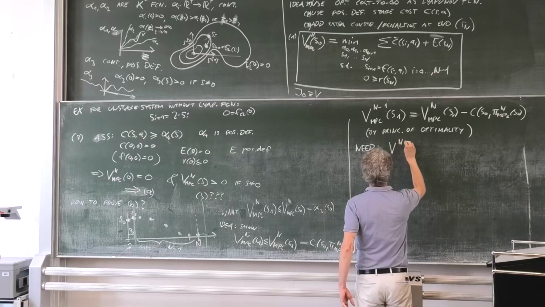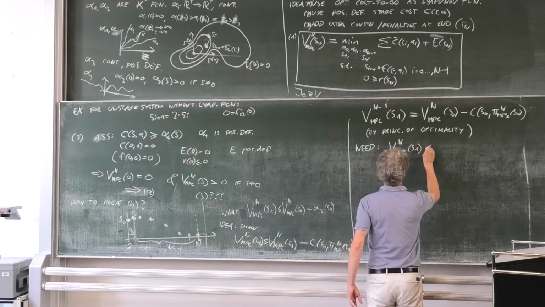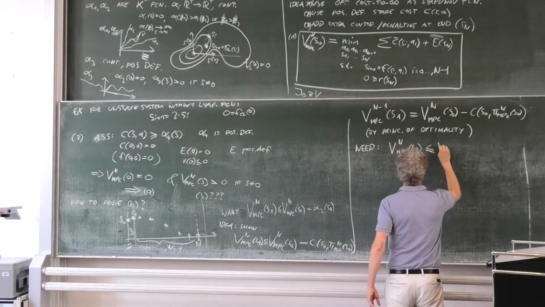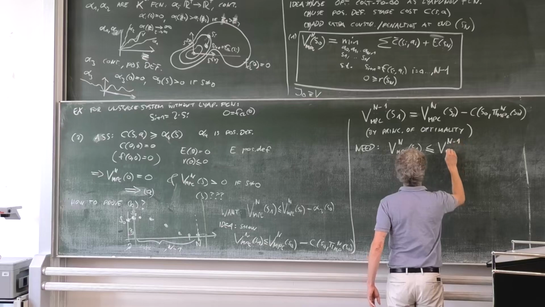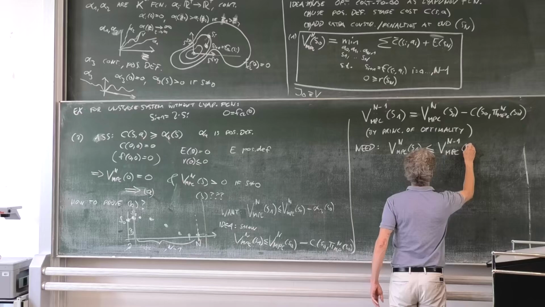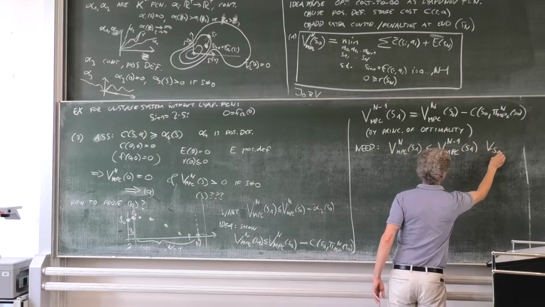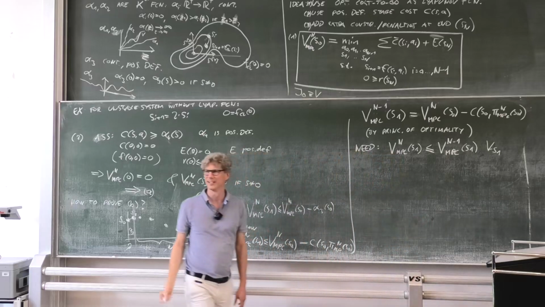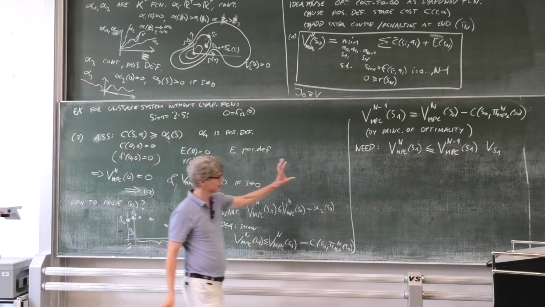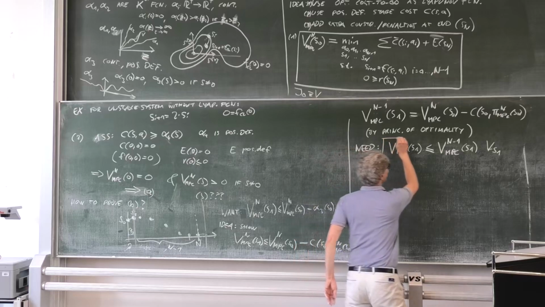Vn of MPC for S1 should be smaller or equal to Vn minus 1 MPC of S1. And if we show that for all S1, right, then we would be ready. Yeah? So that's what we need.